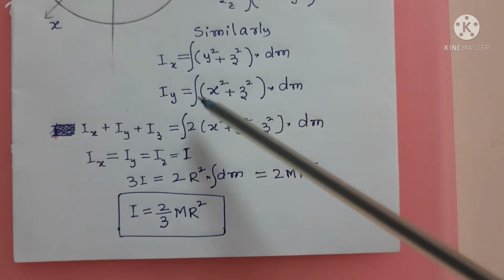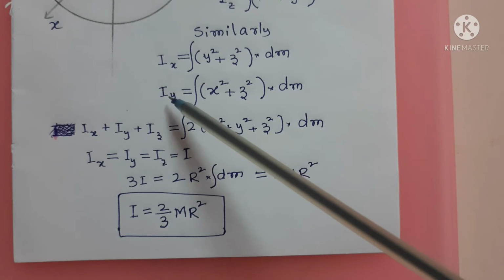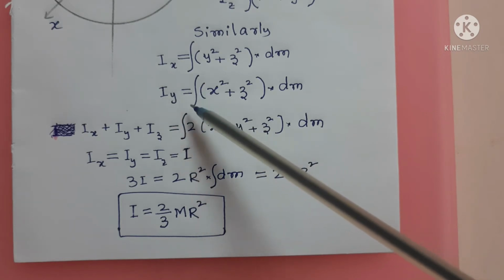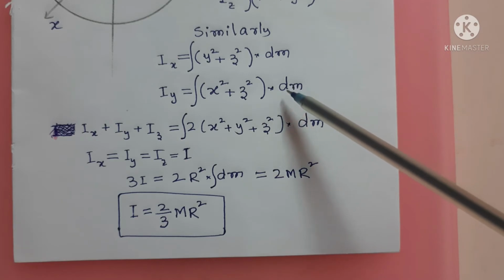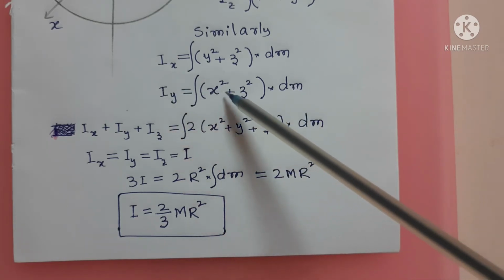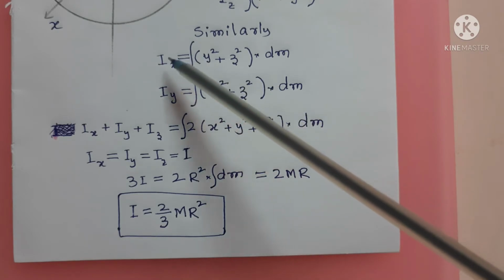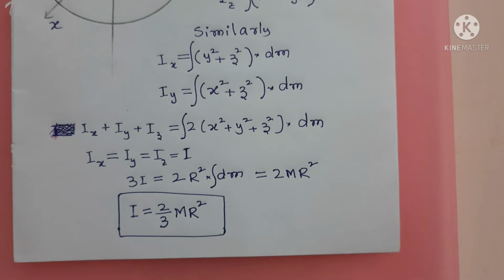Similarly, the moment of inertia of the sphere about the y-axis, Iy, equals the integration of x square plus z square into dm. This is easy to remember. When y is there, the y coordinate will not come. When x is there, the x coordinate will not come. Easy to remember.